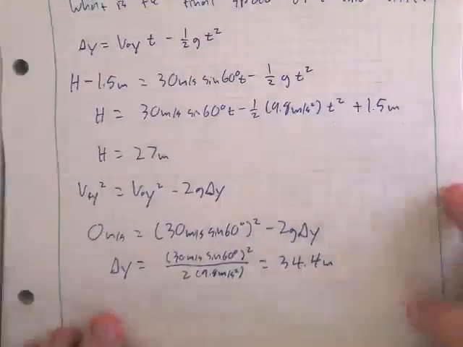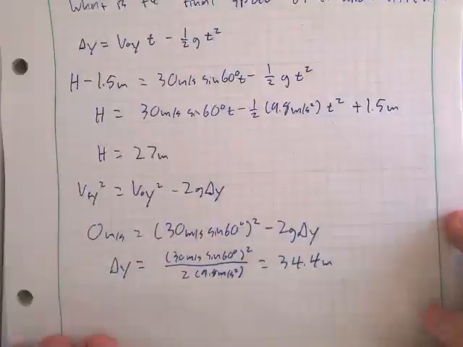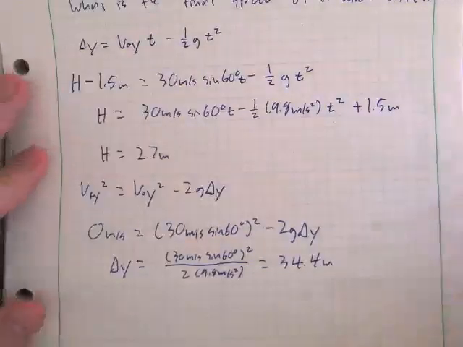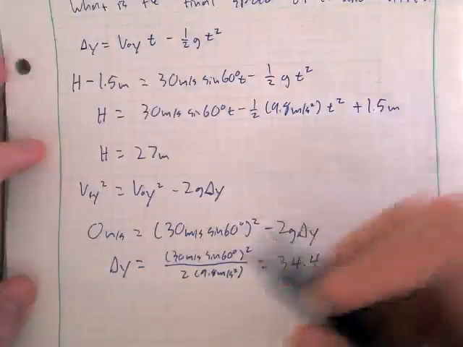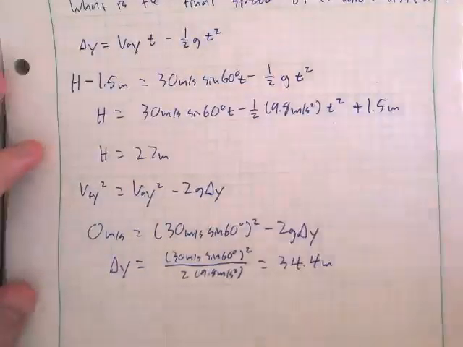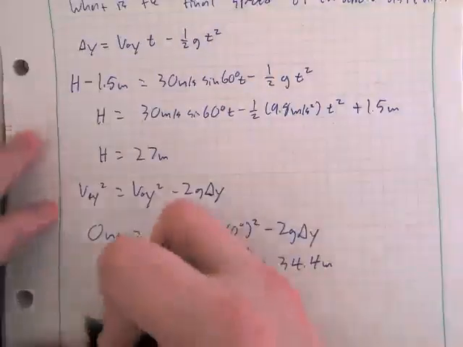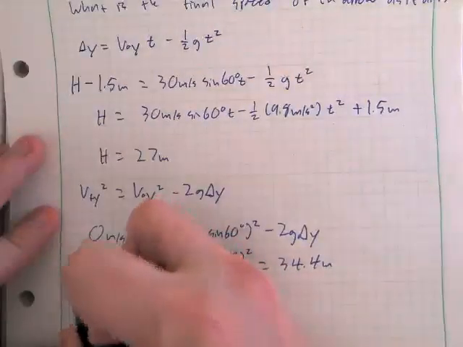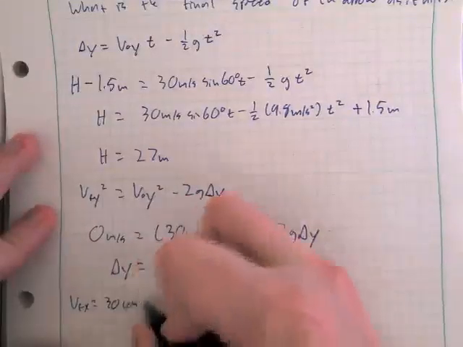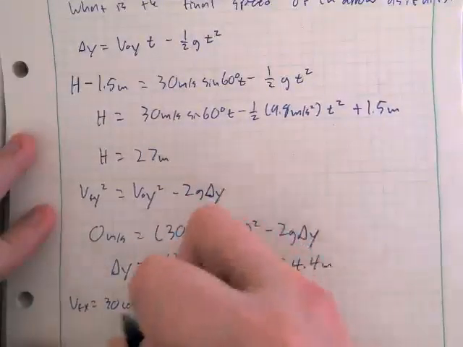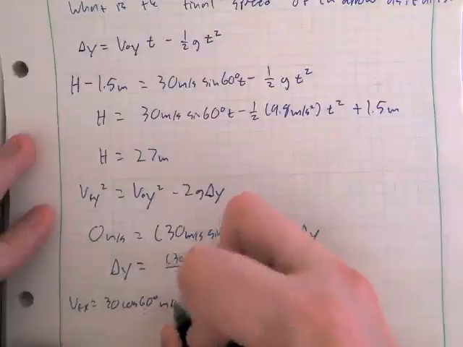All right, well, we already know what our final speed in the x direction is going to be, right? It's going to be the same as it was at the beginning. It's going to be our v naught times cosine of 60. So in the x direction, we have v final x equals 30 times cosine of 60 degrees, in meters per second.